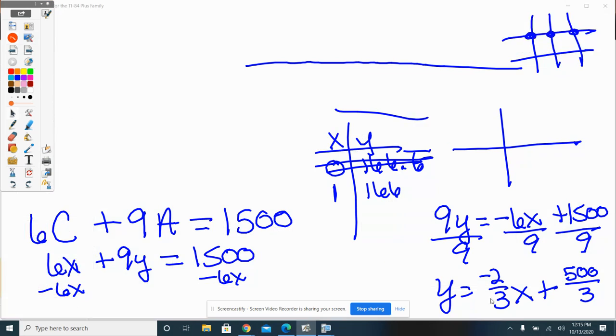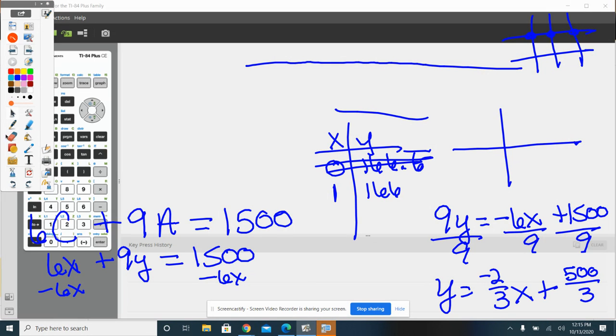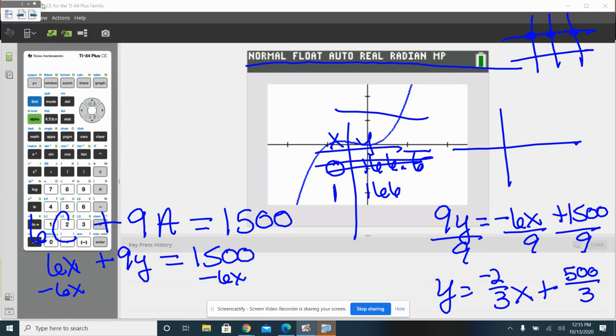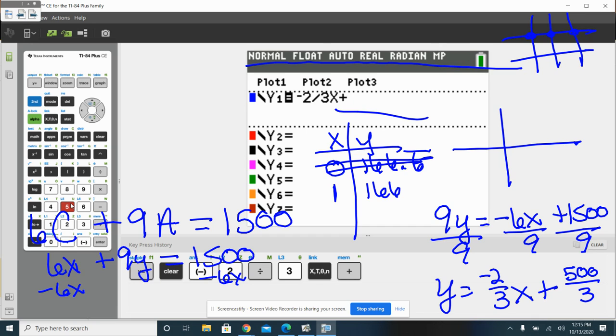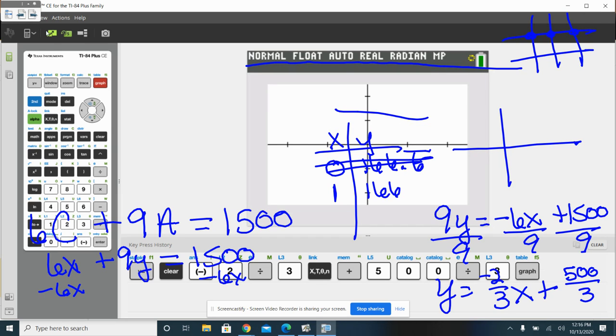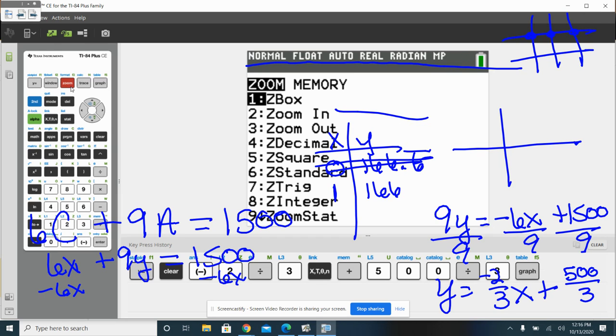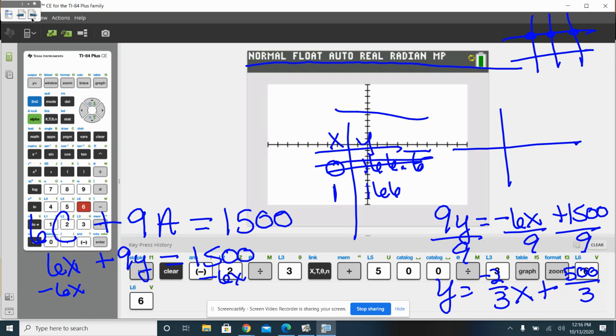And I'm going to type in my y equals, I'm going to type that equation we had. So my screen is going to be a little bit messy because I need to write this down, but y equals, clear that out. So it'll be -2 divided by 3, that'll be x, plus 500 divided by 3. So if I hit graph, my zoom is messed up. So I'm going to hit zoom 6 to get my normal zoom.